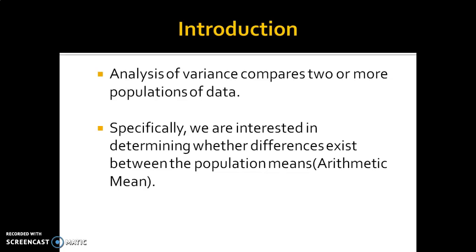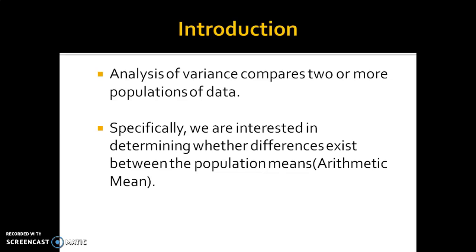Now especially we are interested in looking out whether there are differences between the population means, that is the arithmetic mean. Whenever there are two series and we are calculating the arithmetic mean of those two series, we are interested in just looking out whether there is a difference between the calculated arithmetic mean of those two or more series.